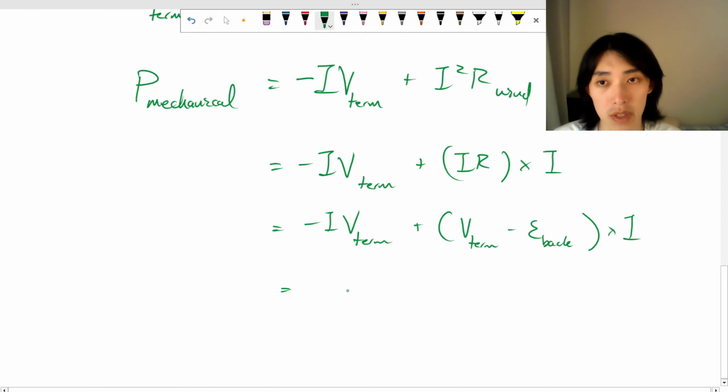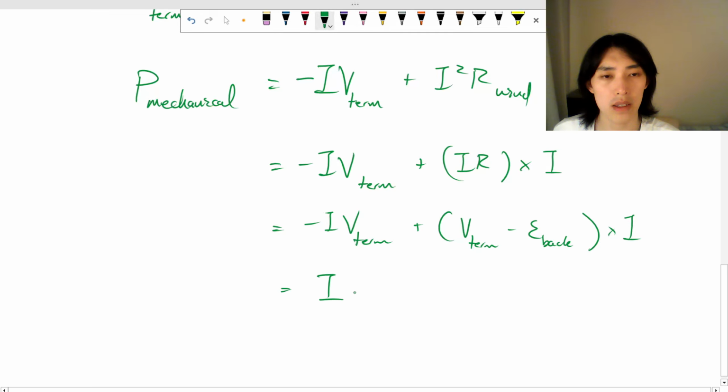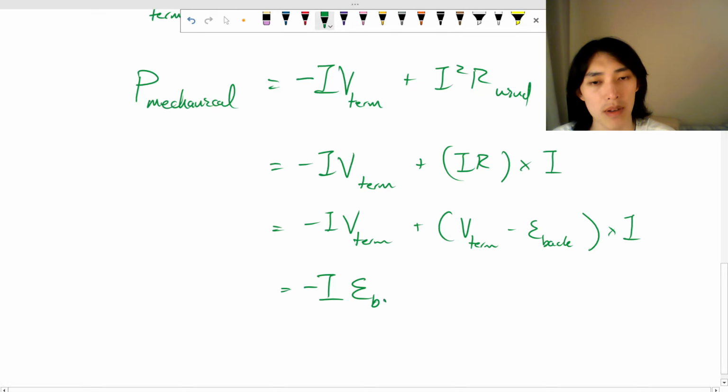And if you expand and simplify, what you'll find is that this whole expression will become I times, so yeah, minus I times back EMF.